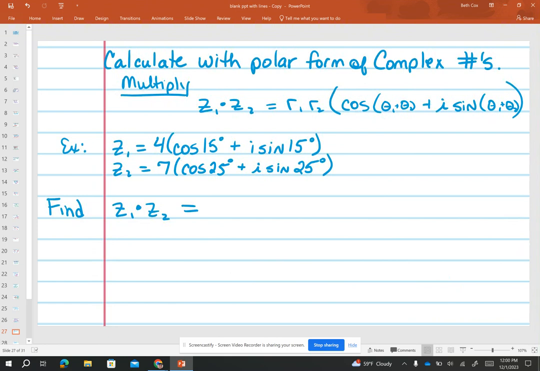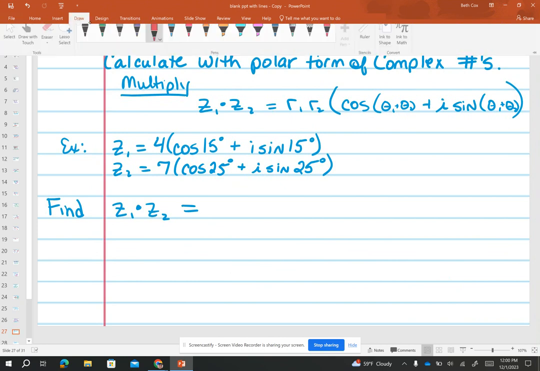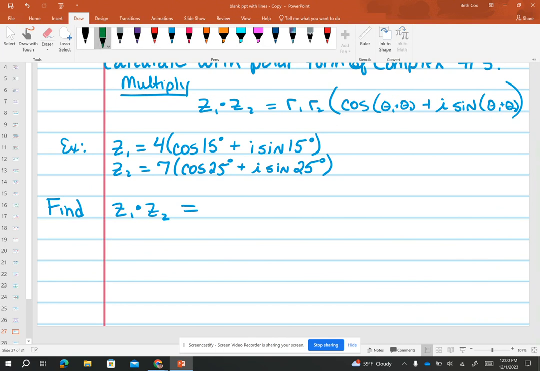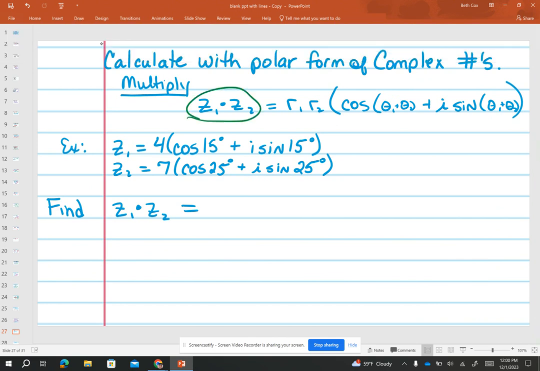Now, once these things are in polar form, we can multiply them easily. And so we have an example here. We have two polar form complex numbers, and it's very simple to multiply them. We literally multiply the r's, so that'll be 28, and then we add the thetas.